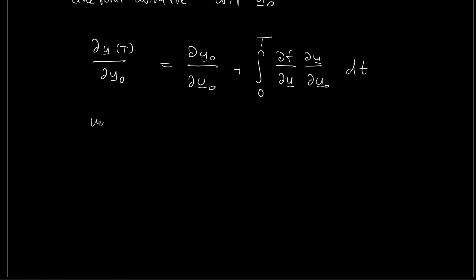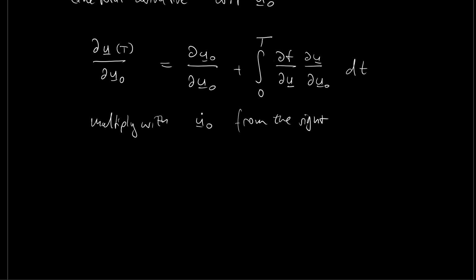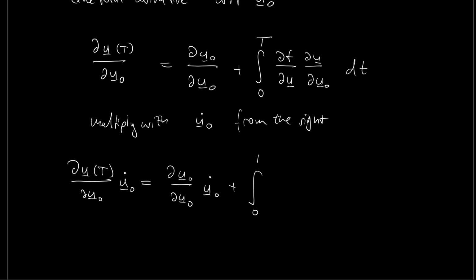So let's multiply with u0 dot from the right, and then we get the derivative of u at capital T with respect to the initial condition multiplied with the tangent on the initial condition is equal to the derivative of the initial condition with respect to the initial condition multiplied with the tangent on the initial condition plus the integral from 0 to t of the Jacobian of the right-hand side with respect to the input u multiplied with du by du0 multiplied with the tangent on u0 and then integrated dt.